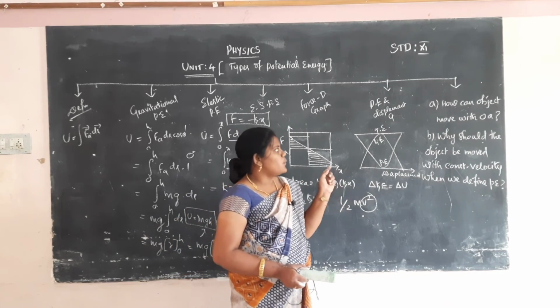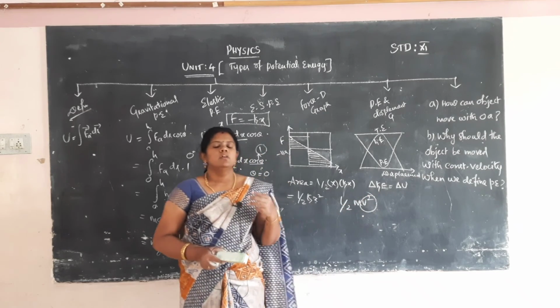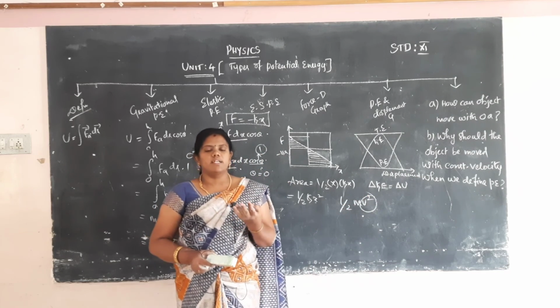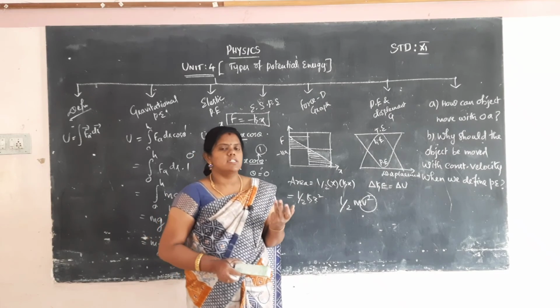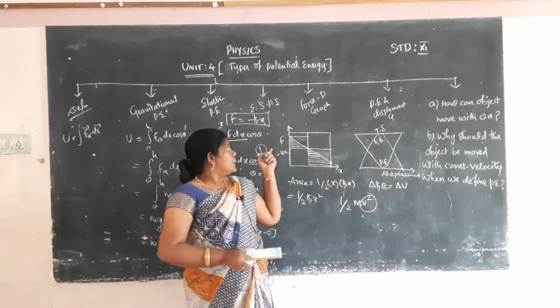The second question is, why should the object move with constant velocity when we define potential energy? We consider three types of potential energy: elastic potential energy, gravitational potential energy, and electrostatic potential energy.